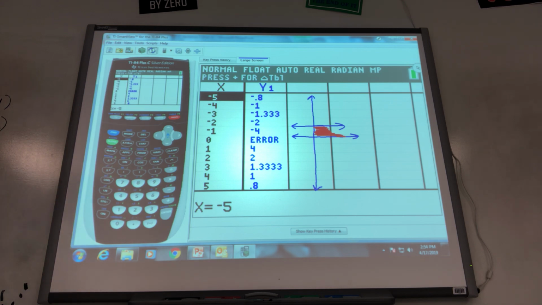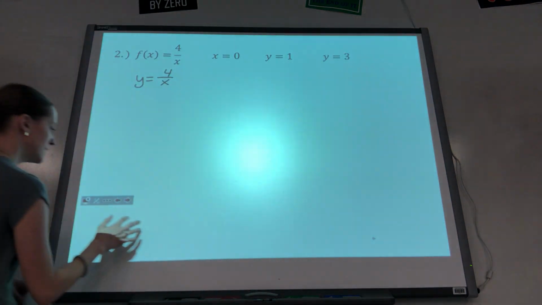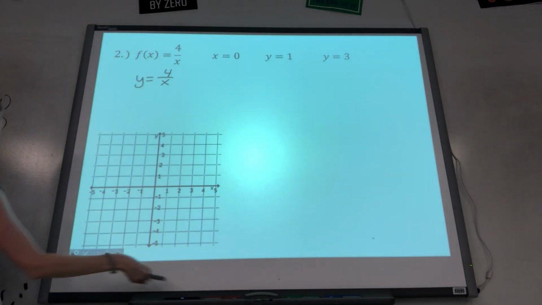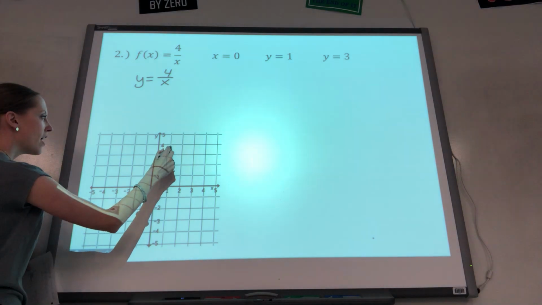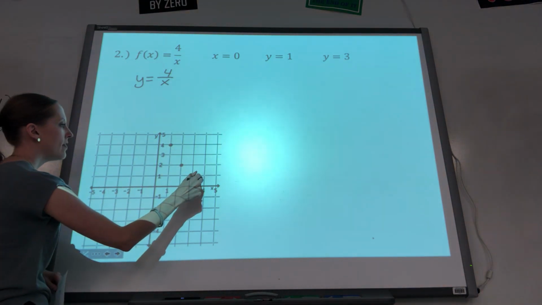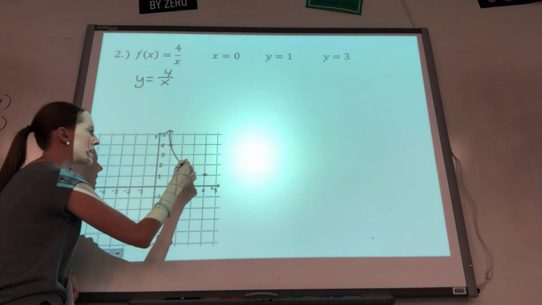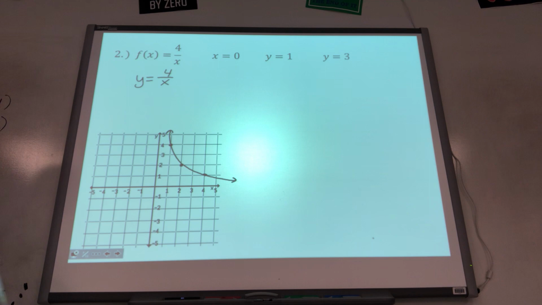And that's probably all that I'll take for now. So let's put this back on our graph: 1, 4, 2, 2, and then 4, 1. This is a curve going right around that way.